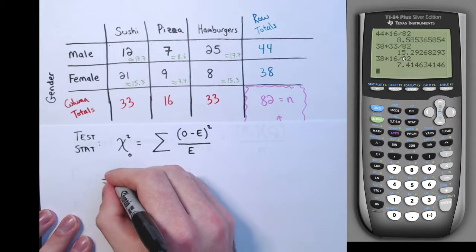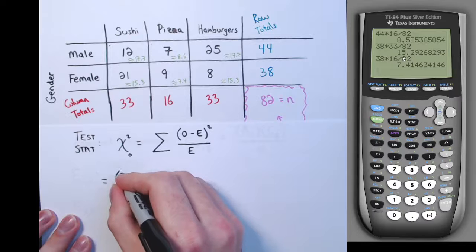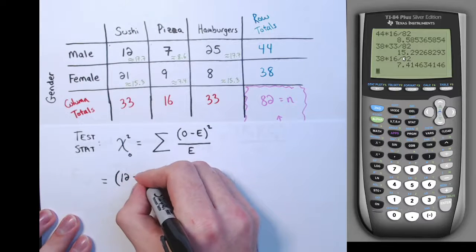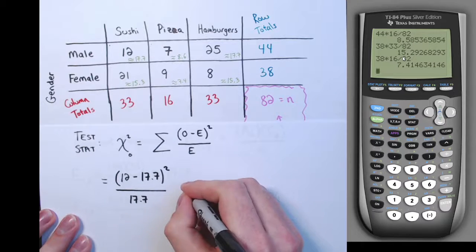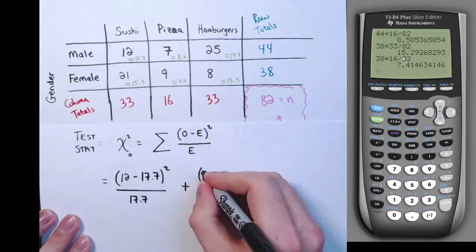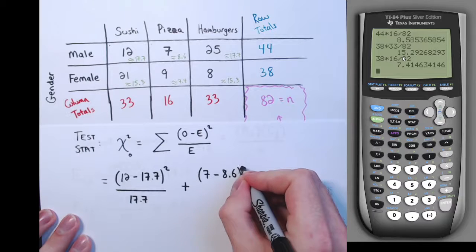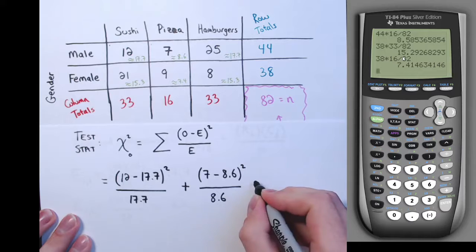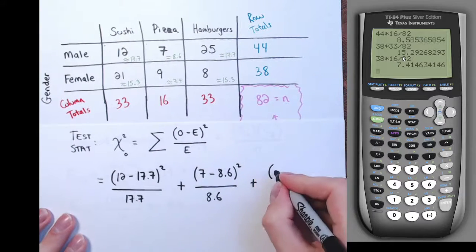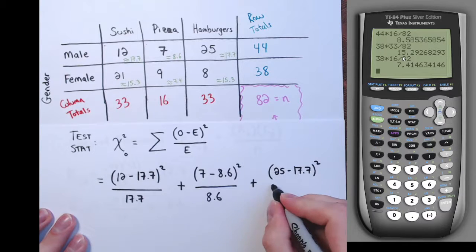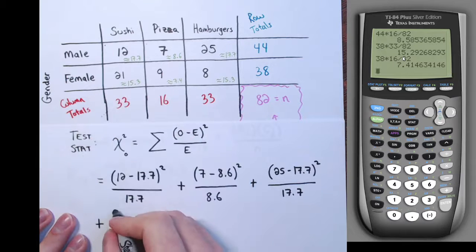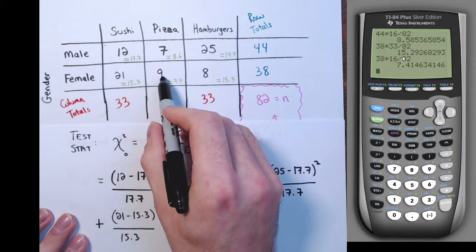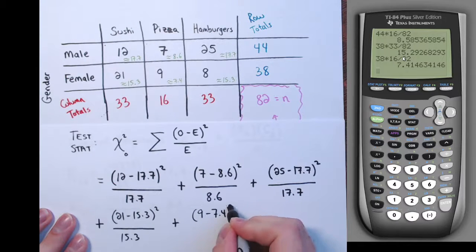All right, and I'll type this in my calculator, but we're taking, for the first row, first column, the observed count was 12 minus the expected count 17.7, squared and divided by 17.7, plus the next cell, first row, second column: observed 7 minus the expected 8.6 squared divided by 8.6, plus first row, third column, 25 minus 17.7 squared divided by 17.7, plus second row, first column, 21 minus 15.3 squared divided by 15.3, plus second row, second column, 9 minus 7.4 squared divided by 7.4.